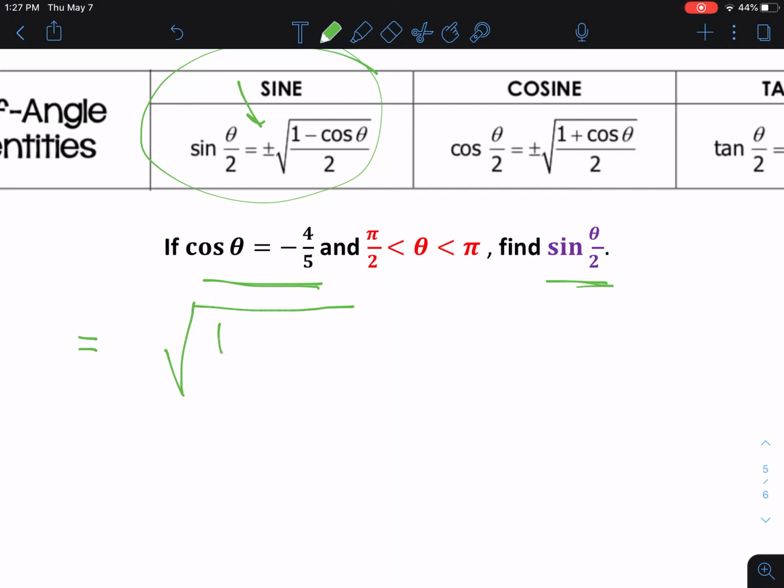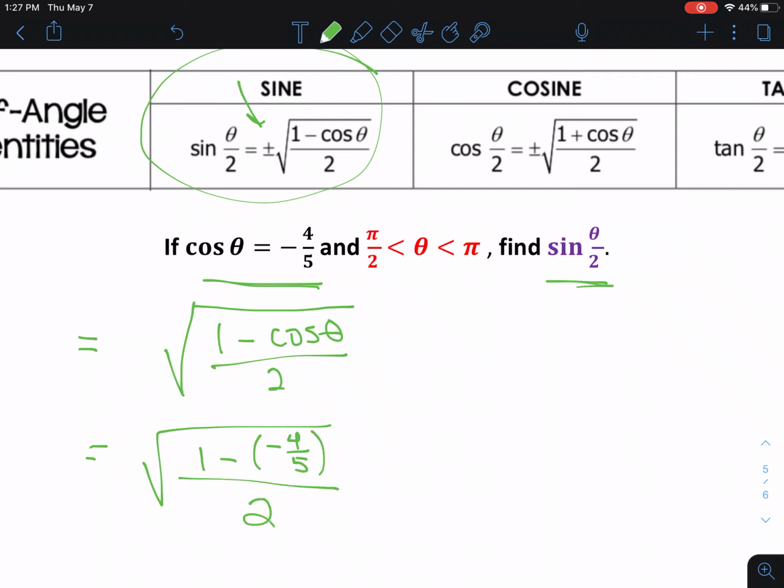And we're going to go 1 minus cosine of theta over 2. So 1 minus negative 4/5 over 2. All right.